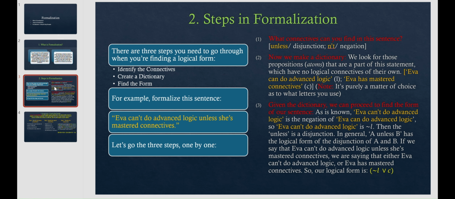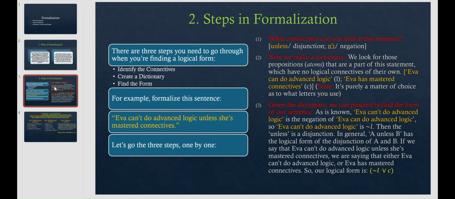And we've got 2 simple statements here, 2 atoms here. The first simple statement, Eva can do advanced logic. We can indicate this statement with the variable L. And our second simple statement, Eva has mastered connectives.